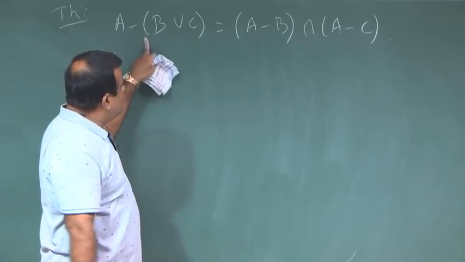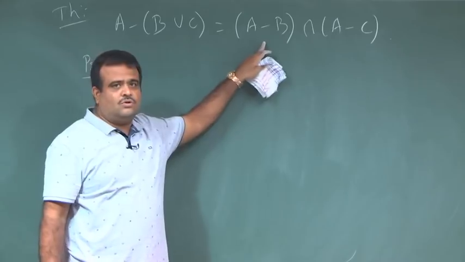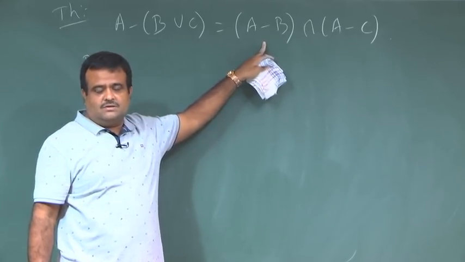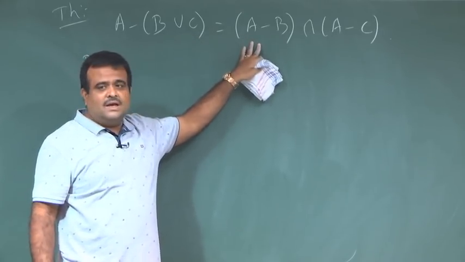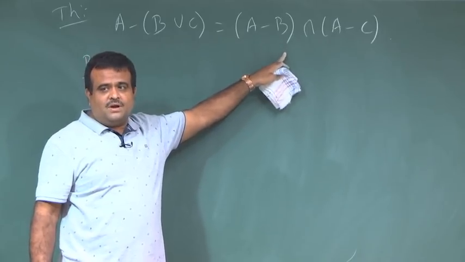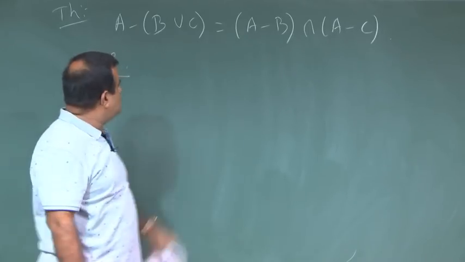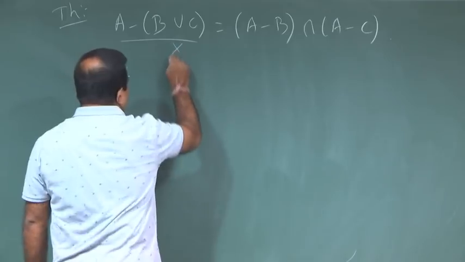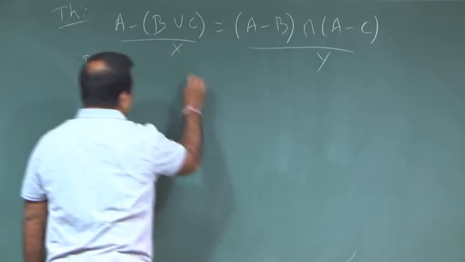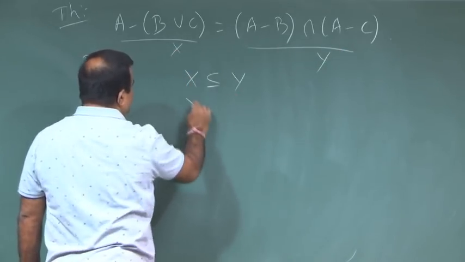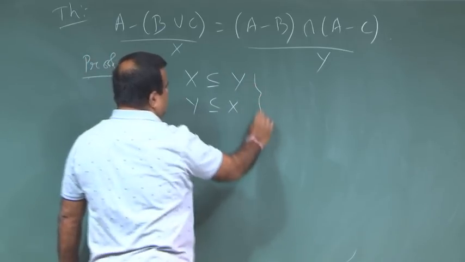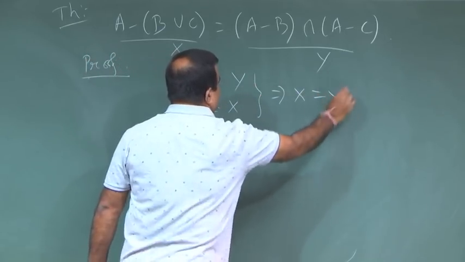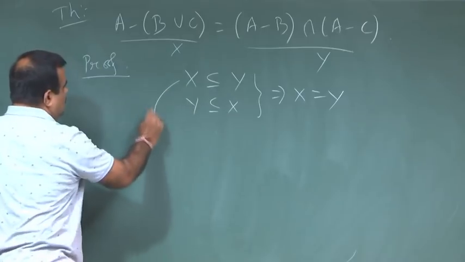we take an element from here and we have to show that it is an element of this set. So, this is a subset of this, and again we take an element from here and we have to show this is also. So, let us try that. This is a set x, this is a set y. Basically you have to show x is a subset of y and y is a subset of x, and these both will give us x equal to y. Now, to show this one, what we need to show?